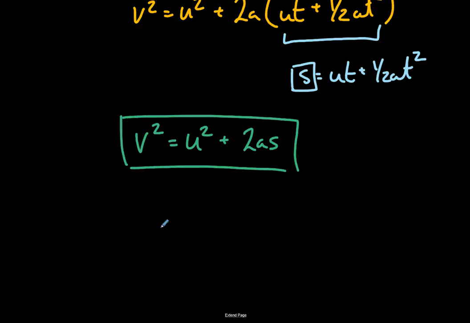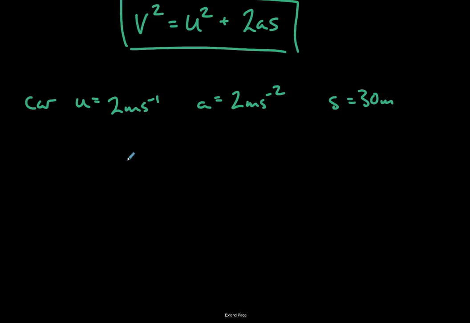And now we can solve our problem. So the car has a u value, an initial velocity, of 2 meters per second. It has an acceleration of 2 meters per second squared, and it covers a distance equal to 30 meters. What's its final velocity?